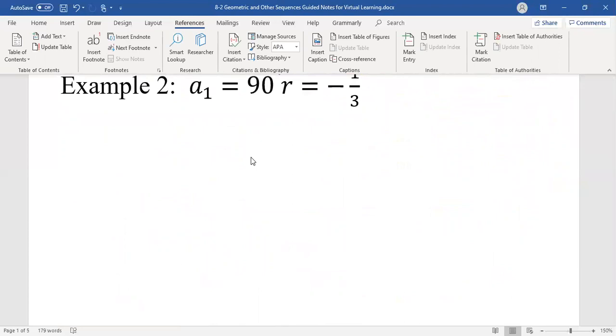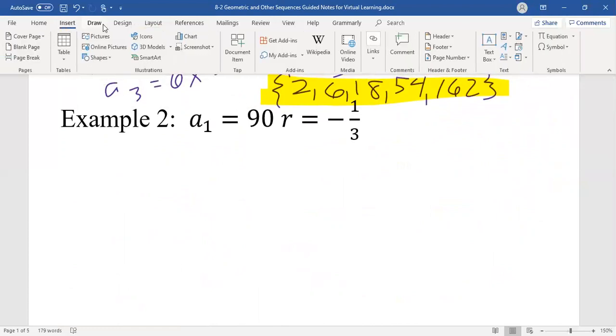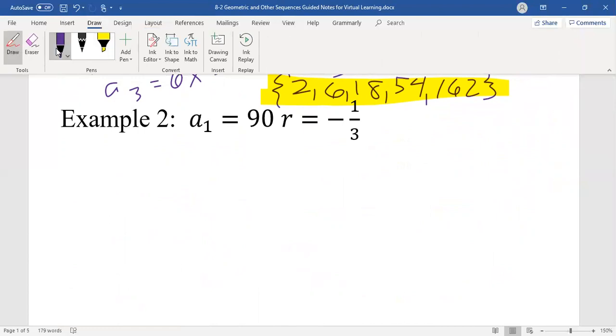In this sequence, we're multiplying by a common ratio of -1/3. So our first term is 90, and this is my common ratio.